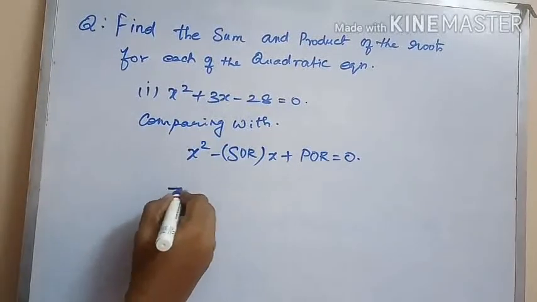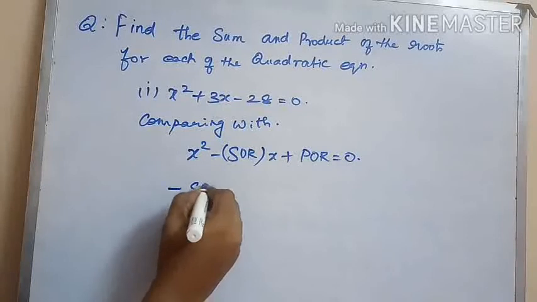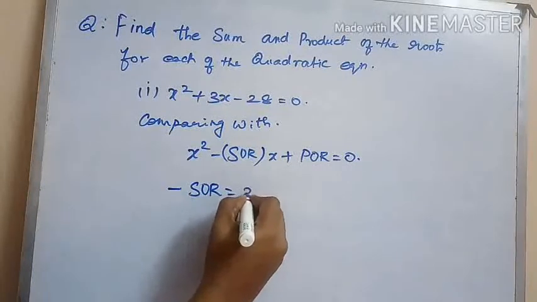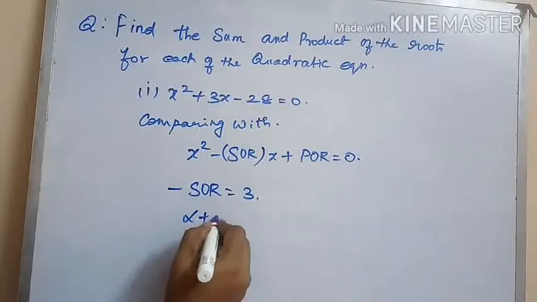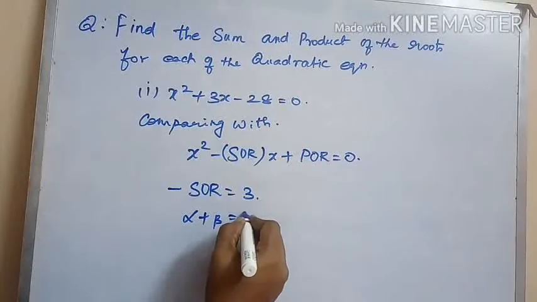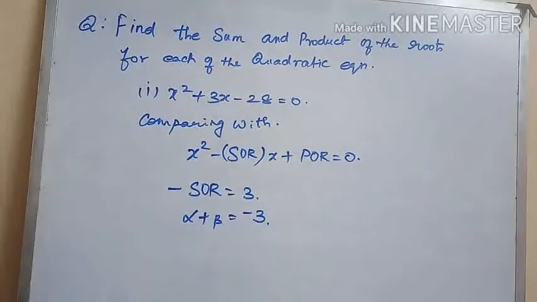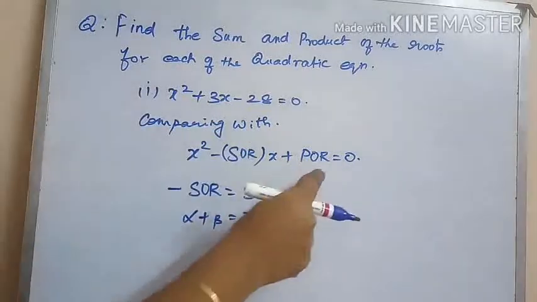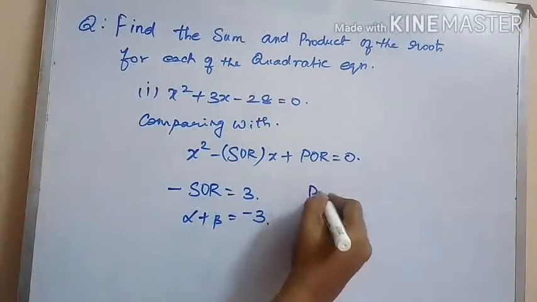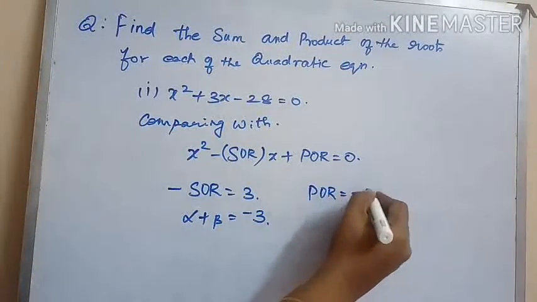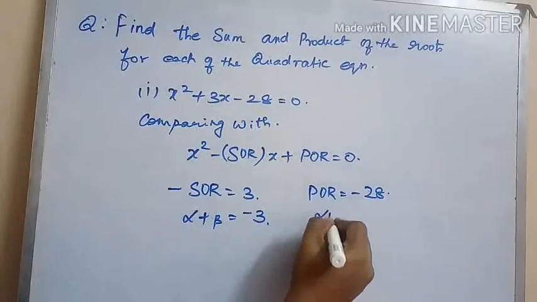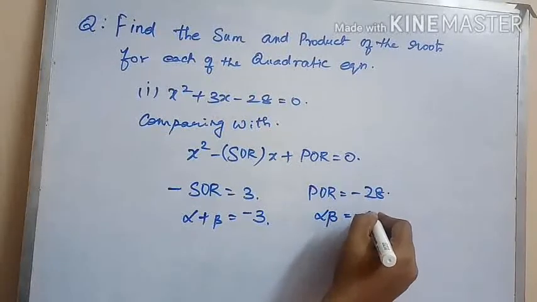Sum of the roots is minus sum of the root, because we have a minus in the equation, is equal to 3. So alpha plus beta, that is the sum of the root, is equal to minus 3. Product of the root here is minus 28. So alpha into beta is equal to minus 28.